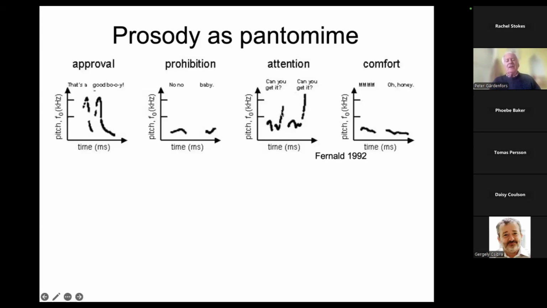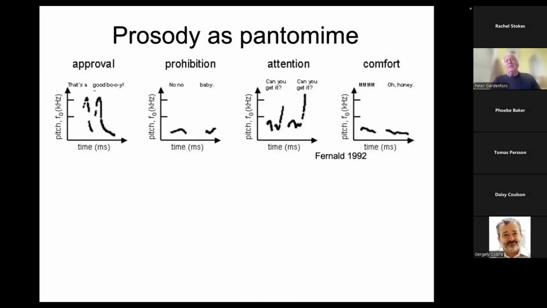Can you get it? You go up at the end. Questions normally end by a rising tone at the end, and that's a kind of encouragement, attention grabber, and so on. And the fourth one is comforting, and that's very often an undulating movement in the prosody.